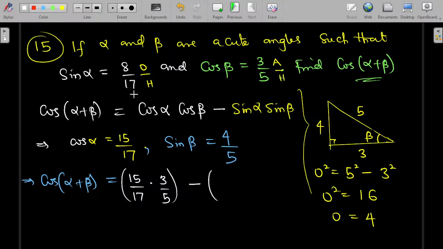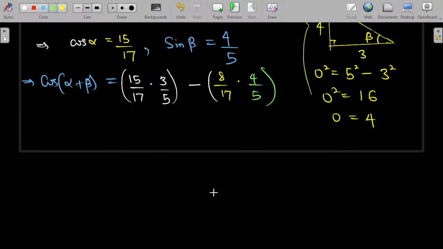So here we will have sine alpha, we were given that 8 over 17 multiplied by the sine of beta, we got that 4 over 5, and then we are done. Once we simplify this, that will give us the solution. And so we'll try to see if we can cancel anything. 5 can remove 15 here, reduce it to 3. This cannot cancel, so you just multiply out, 9 over 17 minus, here, can anything cancel out? No.